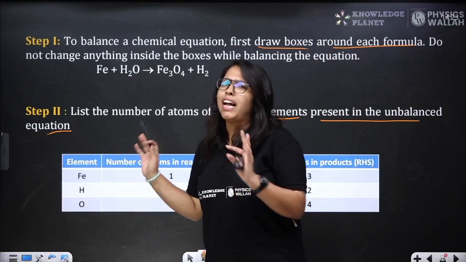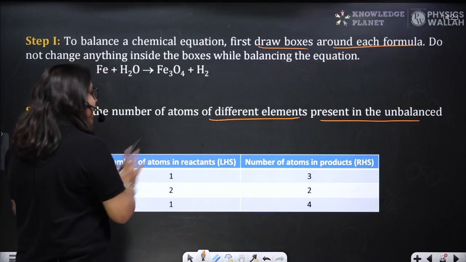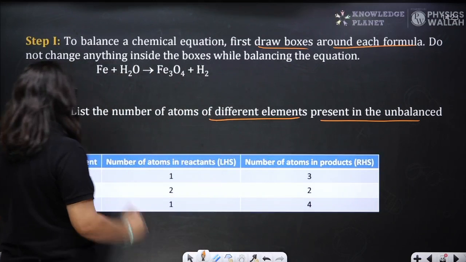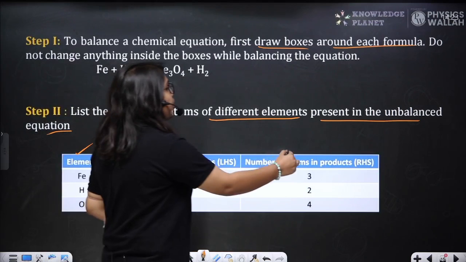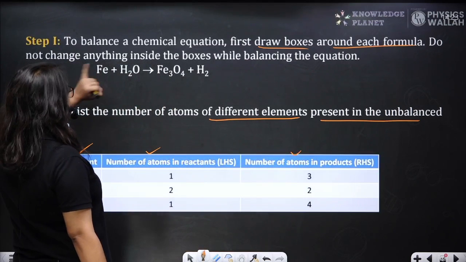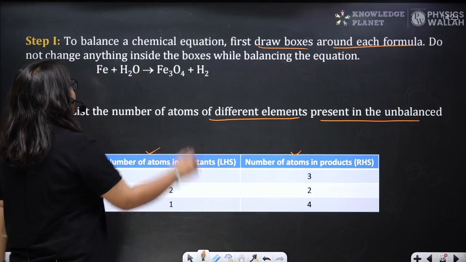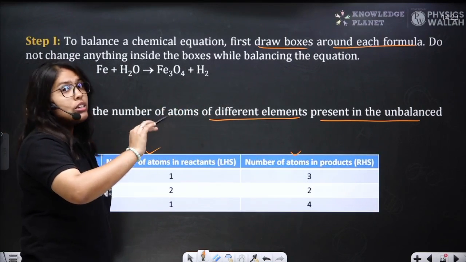The same thing that we did previously, we will now again draw a box and divide it into respective columns, where in one we write the element, then the LHS, which is the reactants, and then the RHS, which is the products. Starting with iron, we have 1 atom of iron on the reactant side. On the product side, 3. There is no balance over here.